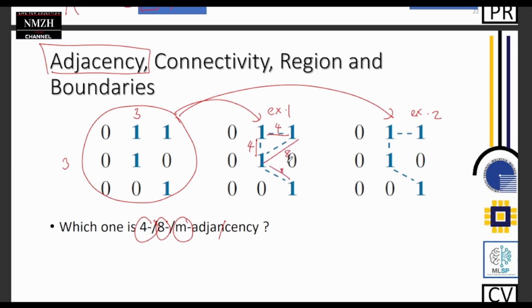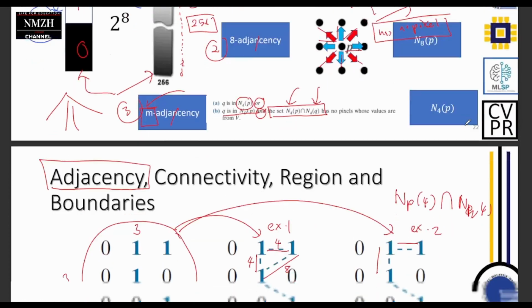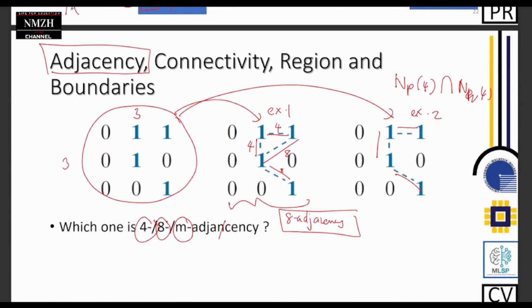So every connection that happens here is 8 adjacency, because the majority of the connected dashed lines are 8. While for this one, this, and this, remember about N4(p) and N4(q). Sorry, N4(q) again. It's not like this.